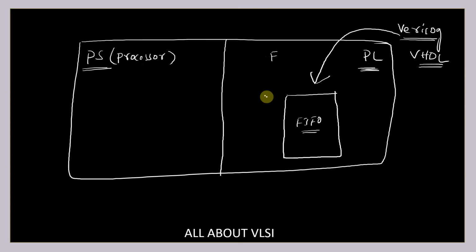Now, if I want to establish communication between this FIFO and my processor, before that, what are the signals which we have for our FIFO? Can anyone tell me? If I have a simple basic FIFO, what are all the signals?